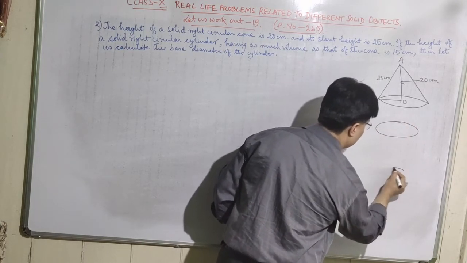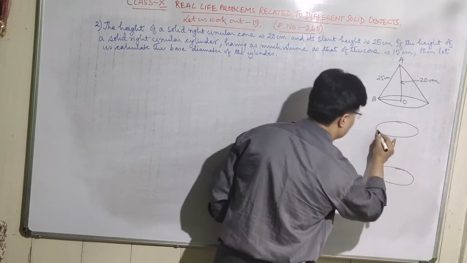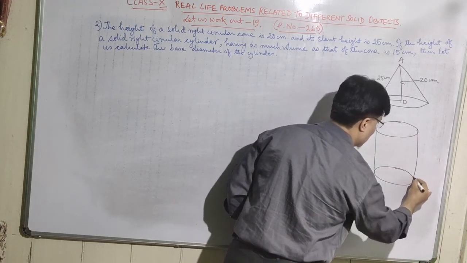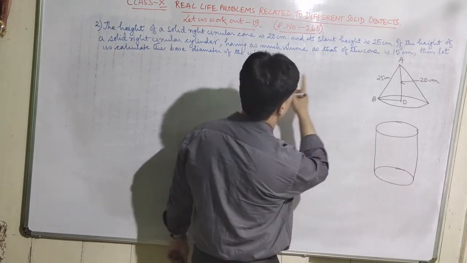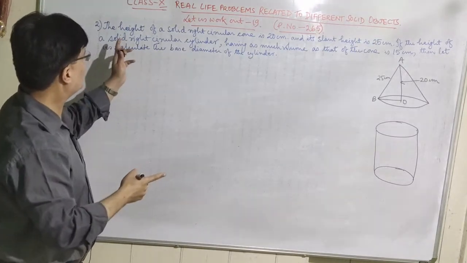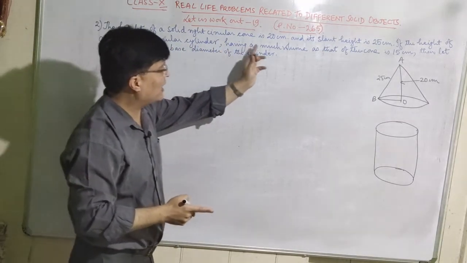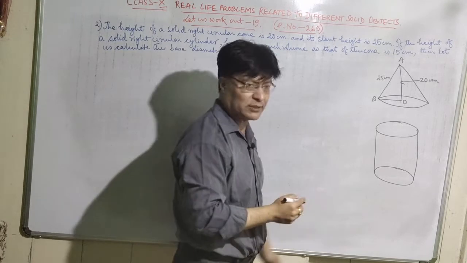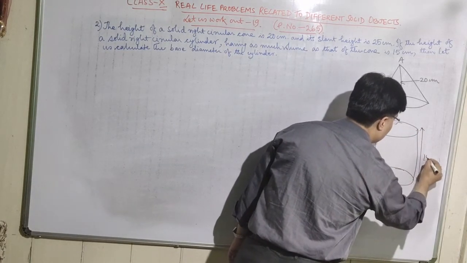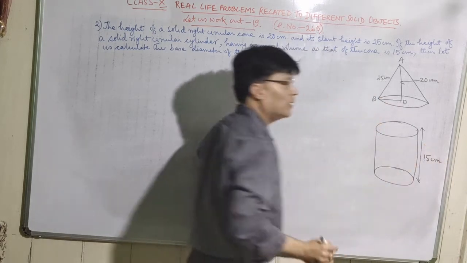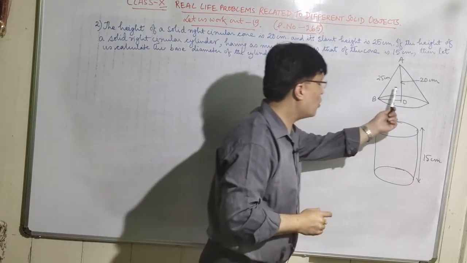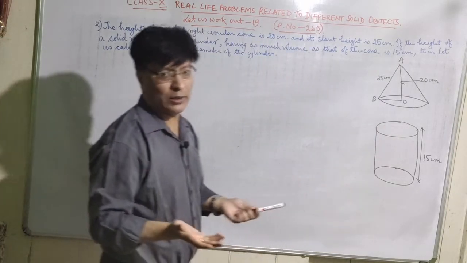And what is the height of the cylinder? The height of the cylinder is given as 15 centimeter, and it is given that the volume of the cone and the cylinder are equal.